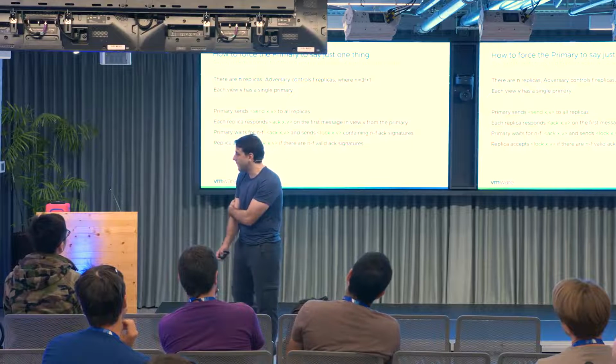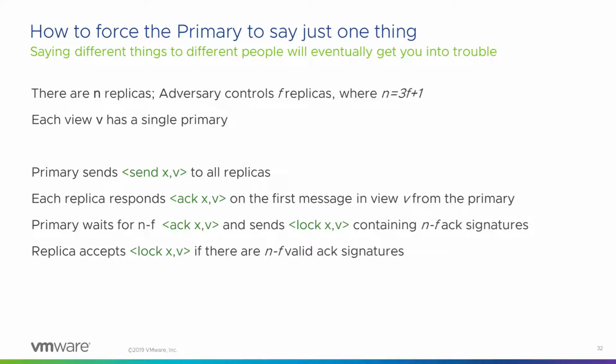What I want to do is suggest a more frugal approach where we get linear communication. We care about linear communication. So basically, here's the protocol. The primary sends a message to everybody. Maybe I send a message to each one of you. The first message you hear, you sign it and send it back to me.